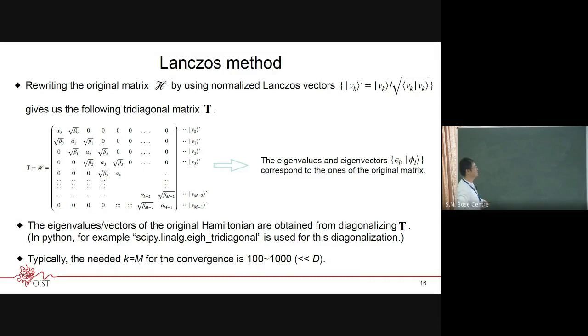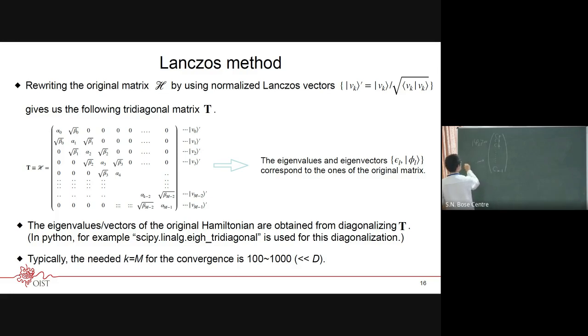Okay, so let me explain how to get the eigenstate in the original Sz basis. After diagonalizing the tridiagonal matrix, we can get the eigenstate written with coefficients c_0, c_1, c_2, up to c_{n-1}.